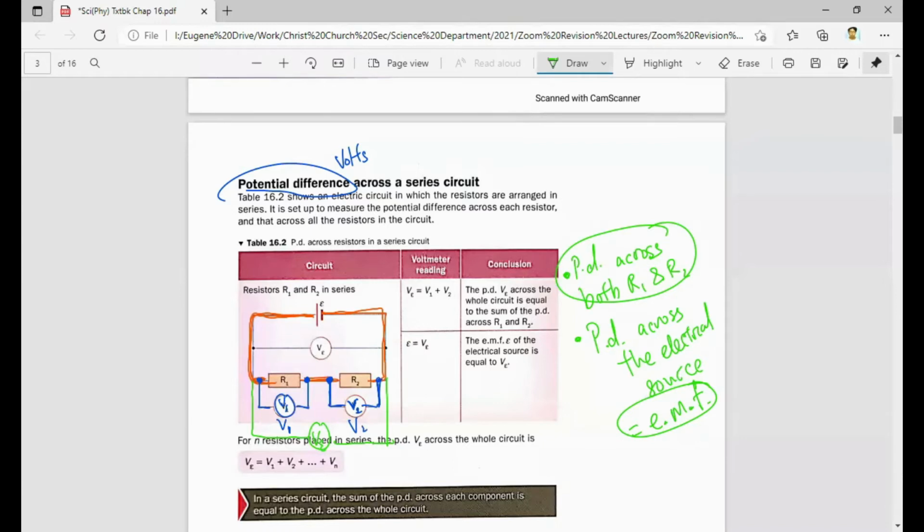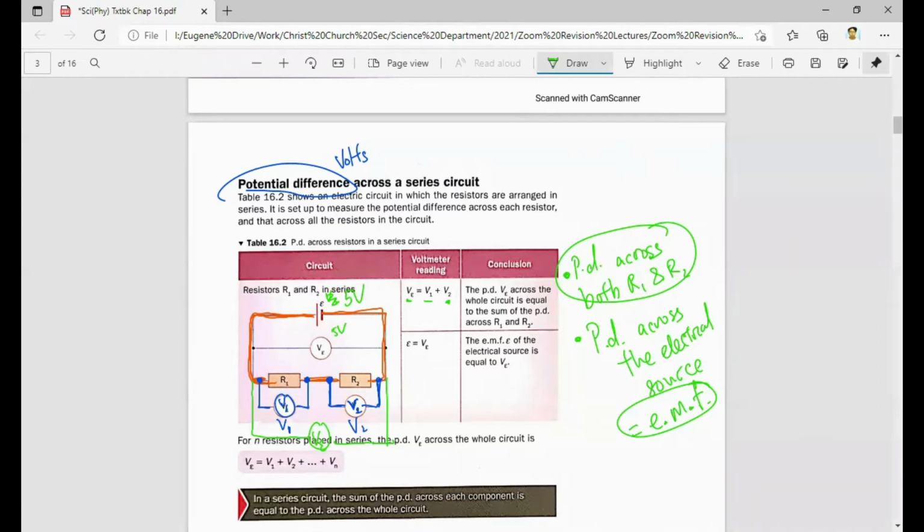So the potential difference V across the whole circuit is equivalent to the sum of V1 and V2. So VE equals V1 plus V2. The second thing they also realized is that if this was a 5-volt battery, VE will also show 5 volts.